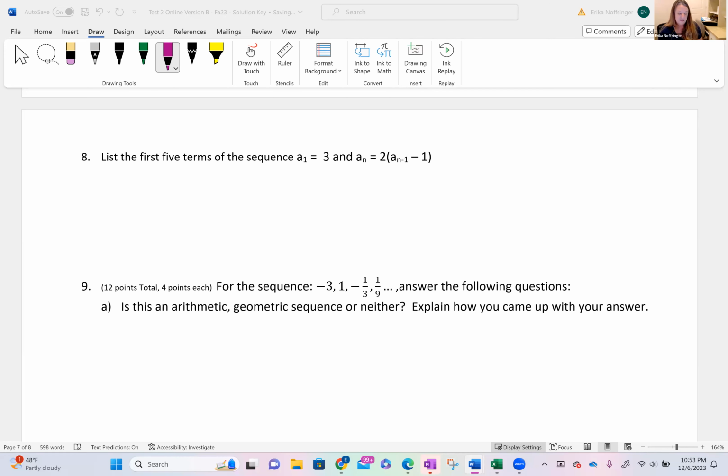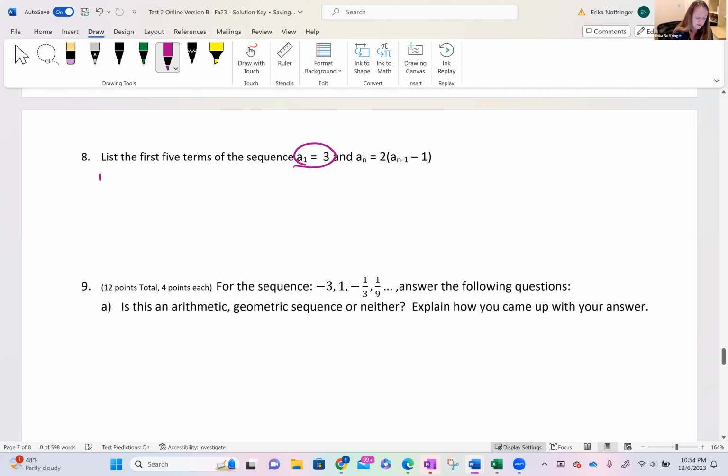So our next question says list the first 5 terms of the sequence where a sub 1 is 3 and a sub n is equal to 2 times the quantity a sub n minus 1 minus 1. So we know what the first term is of our sequence.